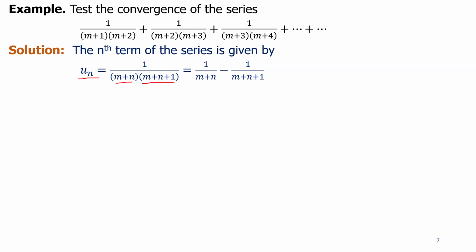Let us try to do the partial fraction. If we do the partial fraction, this expression can be written as 1 upon (m+n) minus 1 upon (m+n+1). It can be easily checked that this value is equal to this one.